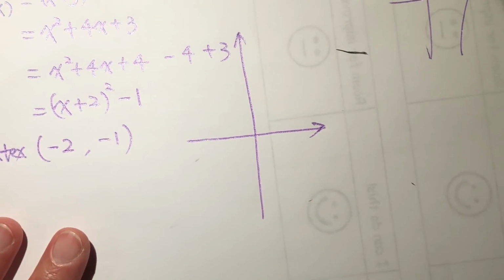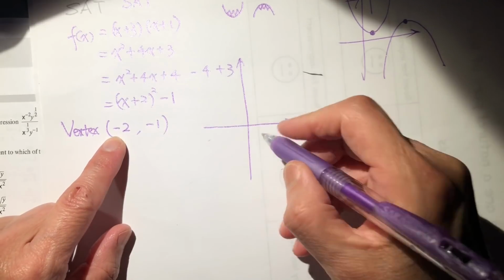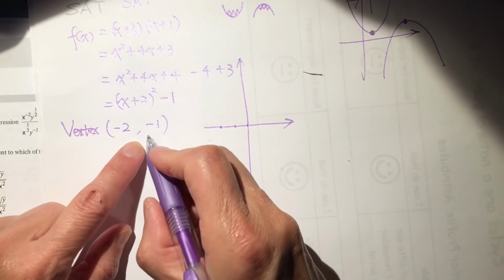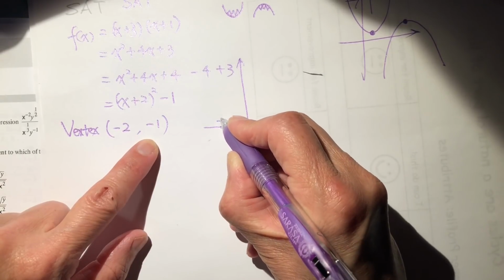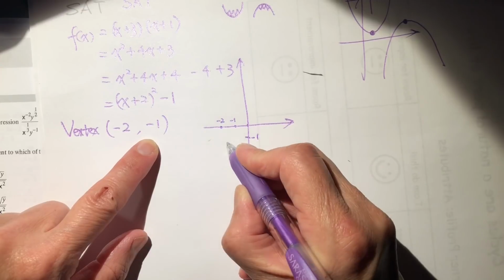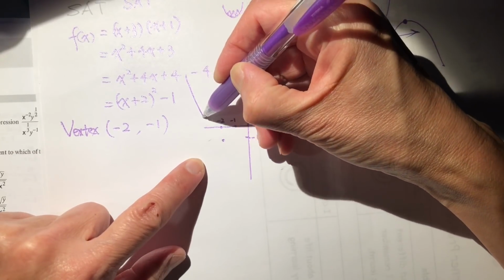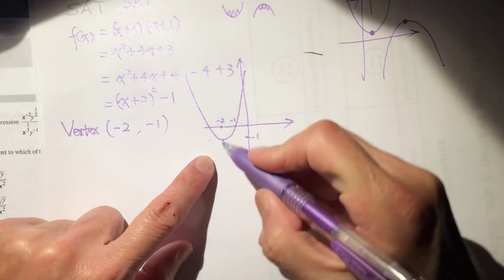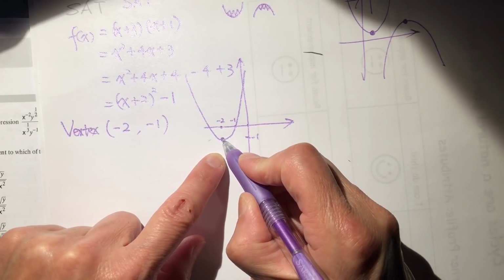And now we need to know the vertex. Where is the vertex? Let me shrink it a little bit so that we can see. x is negative 2, y is negative 1. Negative 2, negative 1. So here is the vertex, and it goes up. So this is the vertex point.